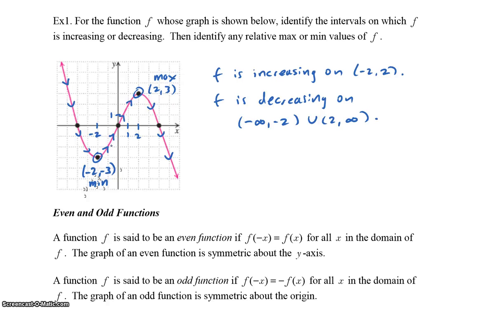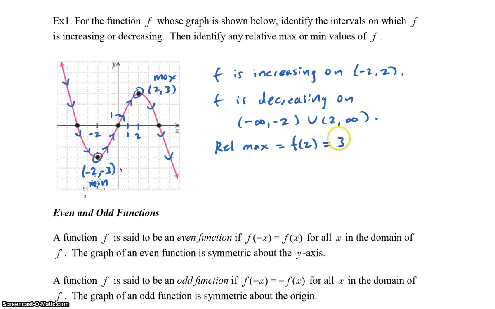The actual max or min is the y value. So here's how we might describe this. We could say there's a relative max whose value is the value of f at x equals 2, and that value is 3.